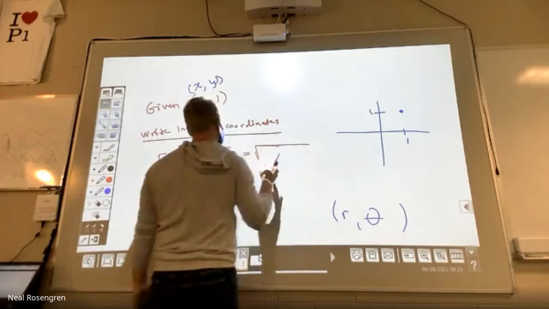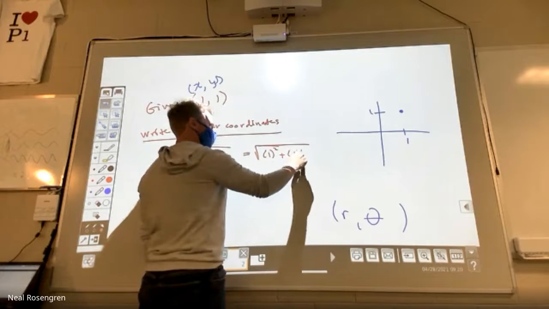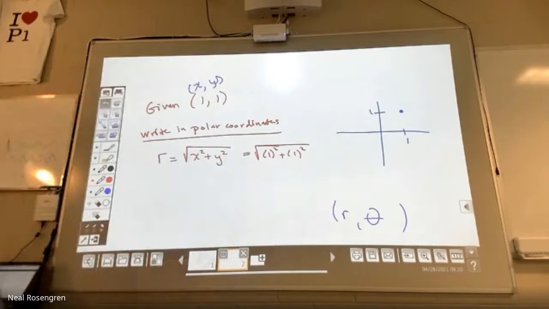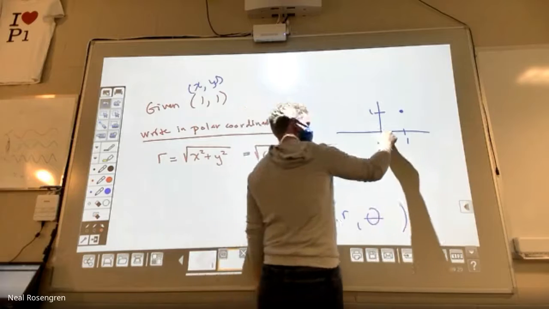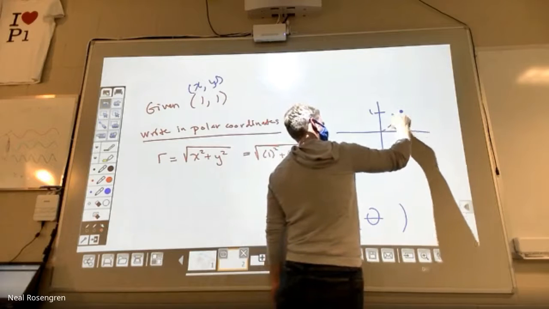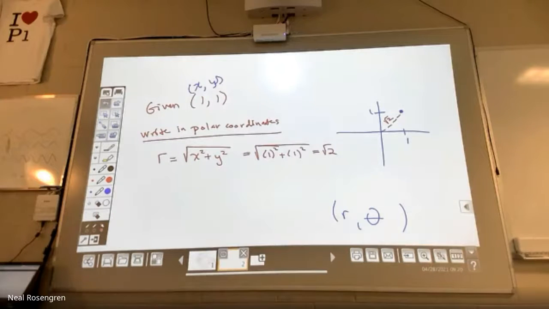This is new. Not hard, but still new. x squared plus y squared. 1 squared plus 1 squared. So what does that equal? Square root of 2. Which makes sense because this length right here would be the square root of 2. All right, 1, 1, radical 2.